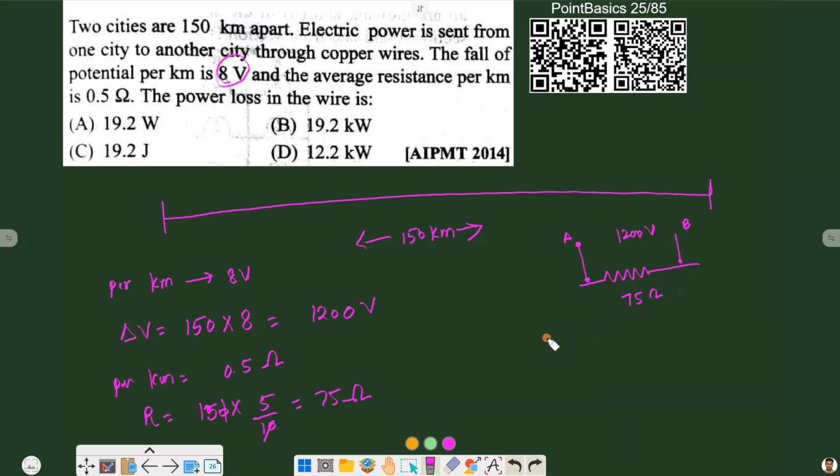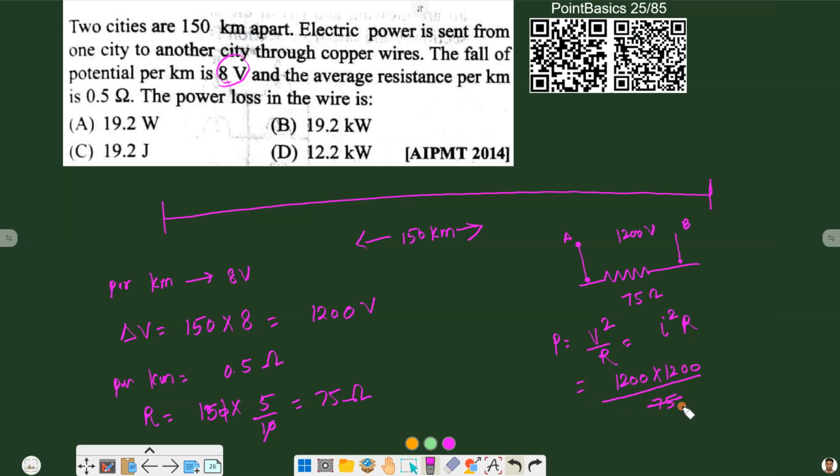We can use either formula: power is equal to V square by R, or I square R. For that we would have to calculate I, but as we already have V and R, we will use this one. So it will be 1200 into 1200 by 75.